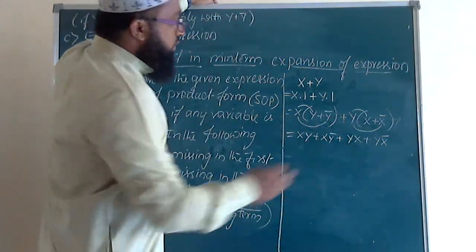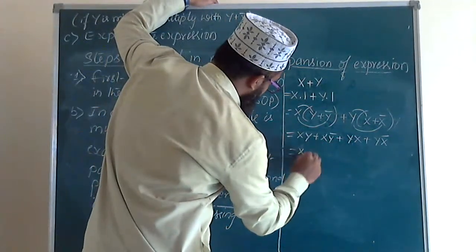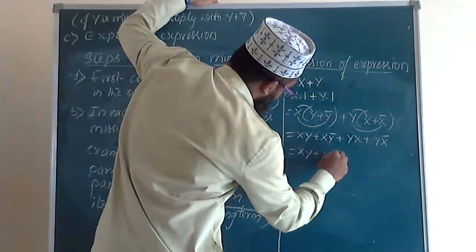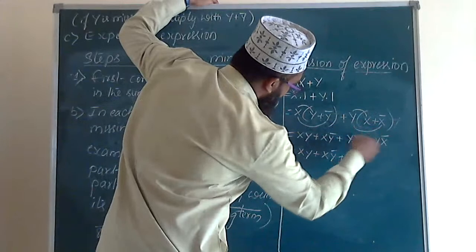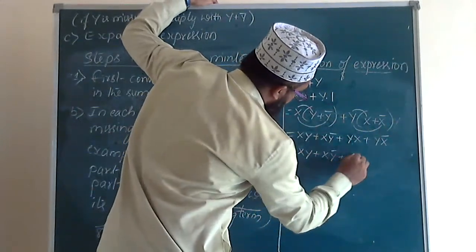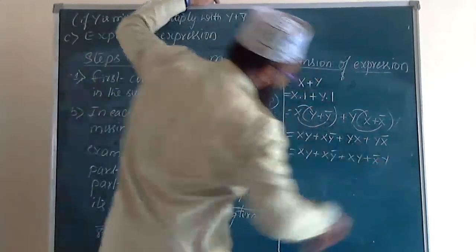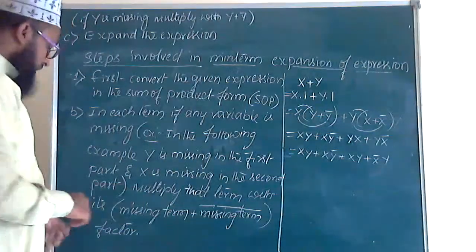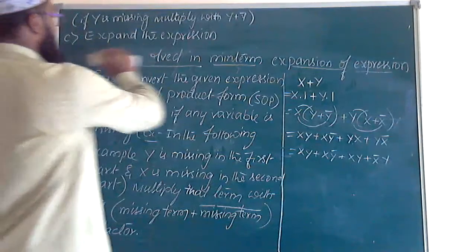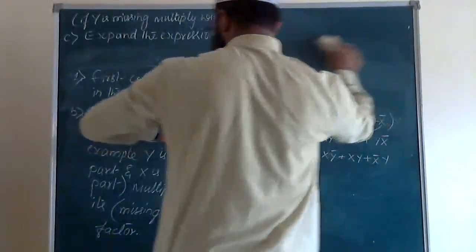What we have to do is just interchange: x y plus x y bar plus, here y is this side, x is that side, so take x this side, x bar y. Understood? Now, what is the last step here?